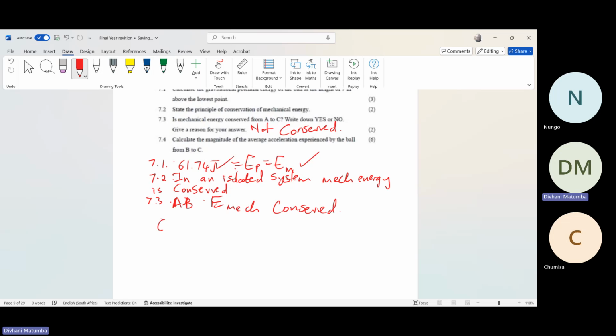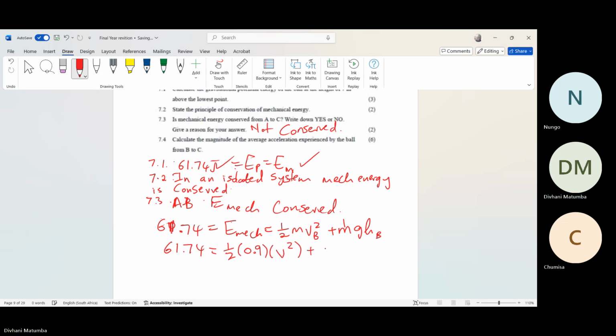We know that 61,74, which is the total mechanical energy, is equal to 1/2 mv squared, the velocity at B, plus mgh, height at B. 61,74 is equal to 1/2 times the mass, 0,9, times velocity squared, plus 0,9 times 9,8 times 0.